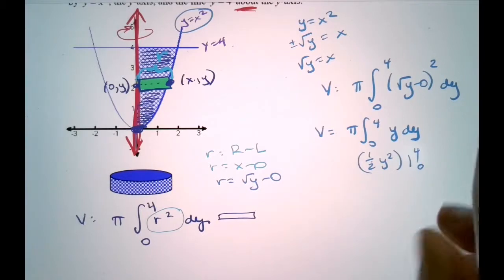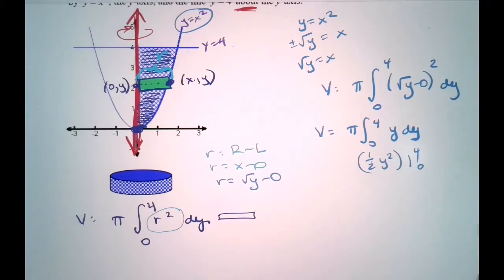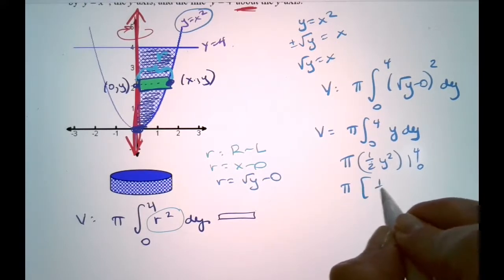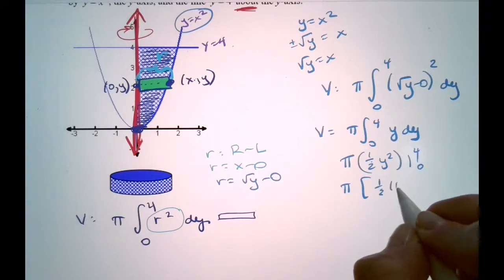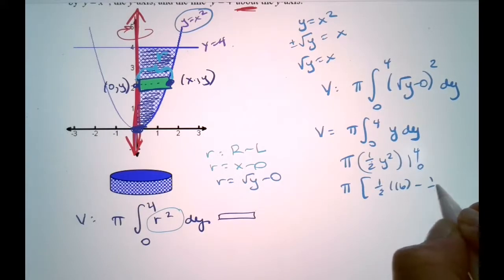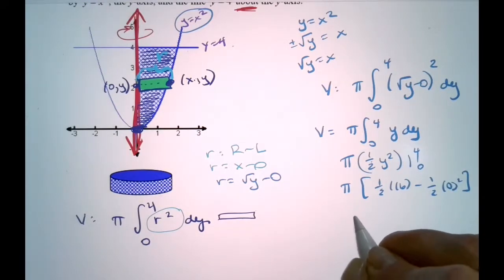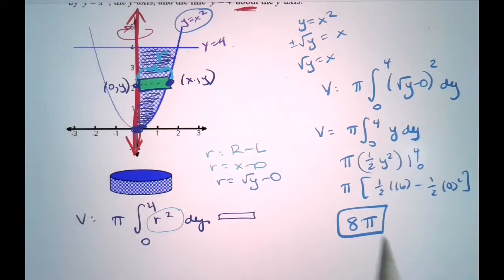Now again, I don't want to leave the pi out, so I'm going to throw that in. And then I'm going to evaluate that definite integral. 1/2, let's see, 4 squared, that would be 16, minus 1/2 times 0 squared, which is 0. And so that leaves me with a final answer here of 8 pi. Here is the volume of this solid.